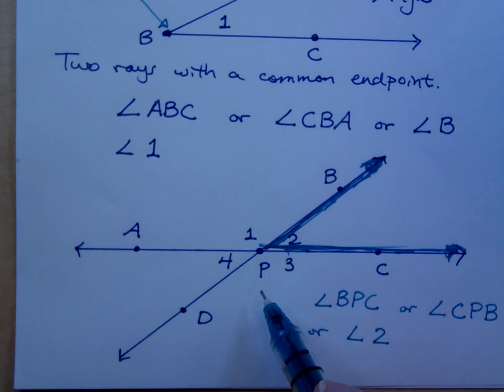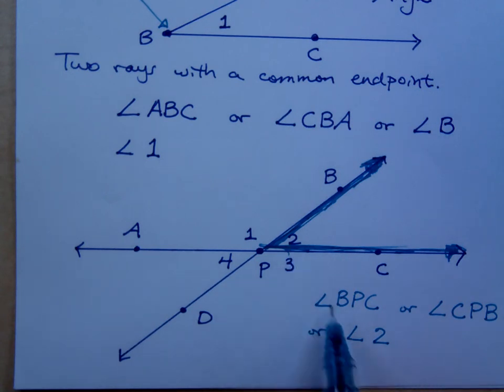So when that's the case, you have to use all 3 letters or use the number indicated for that particular angle. Does that make sense? You have to label things and call things precisely so that everybody knows what you're talking about. Again, in mathematics, just like in English or any other language, it's all about communication and communicating appropriately and effectively.